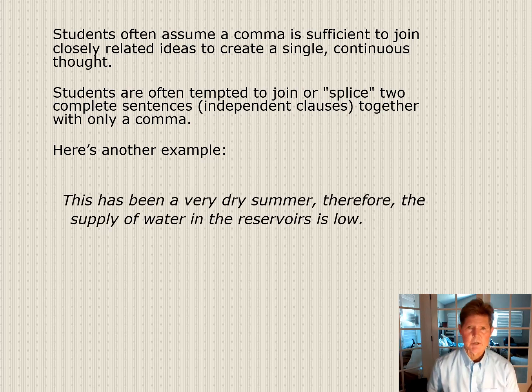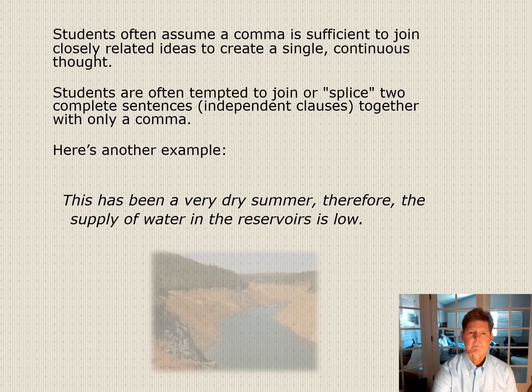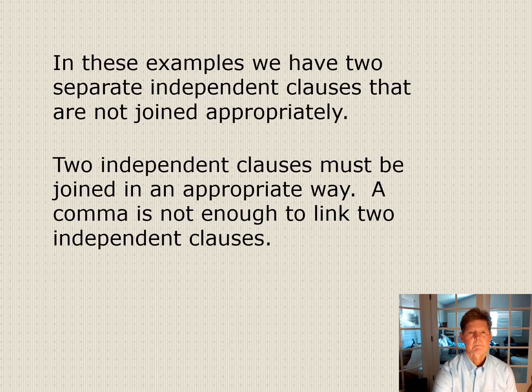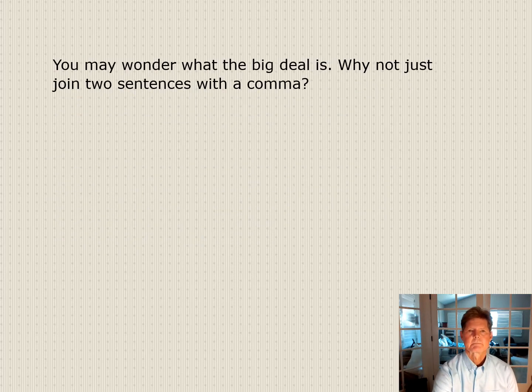This has been a very dry summer, therefore, the supply of water in the reservoirs is low. In these examples, we have two separate independent clauses that are not joined appropriately. Two independent clauses must be joined in an appropriate way. A comma is not enough to link two independent clauses.